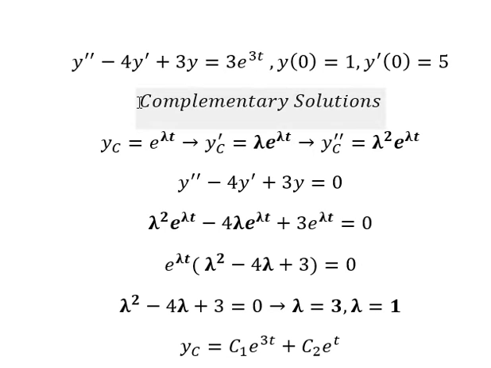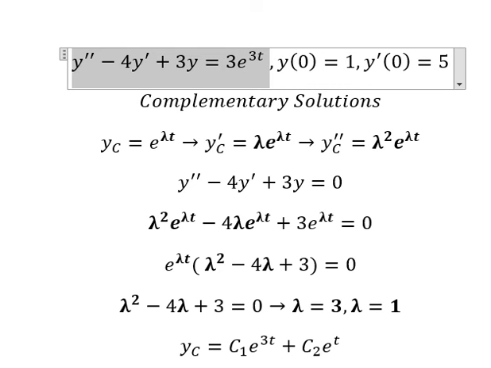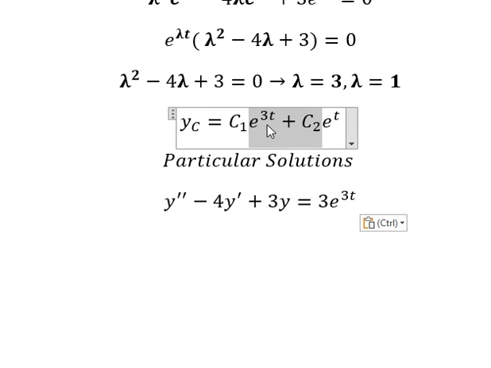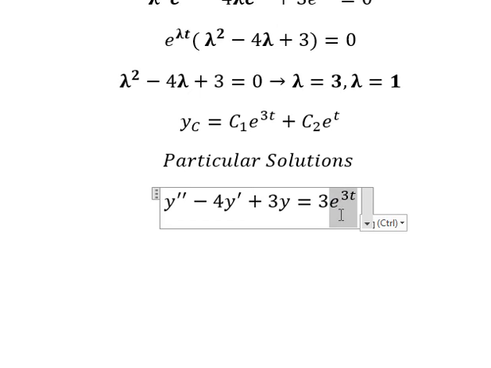So we go in here. We see that in the complementary solution we have e to the power of 3t. This one we have e to the power of 3t in here.